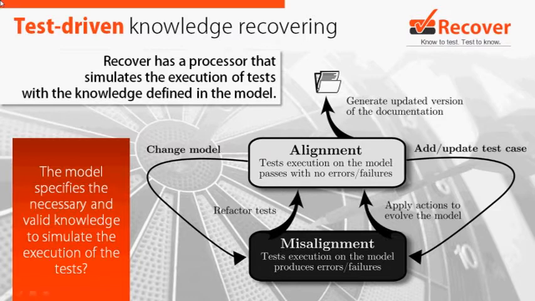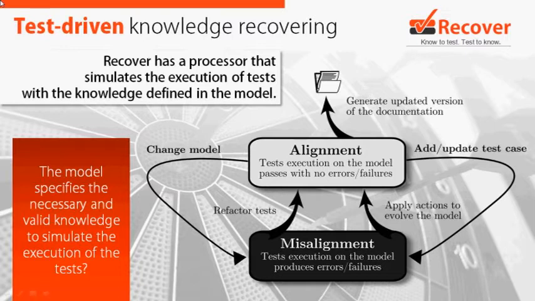But what can happen as the project moves further? What can happen is that, okay, we are in a situation of alignment, and then, for example, business people tell us that they want to change something. If this happens, then we can use the model that we have recovered in order to use model-based testing.